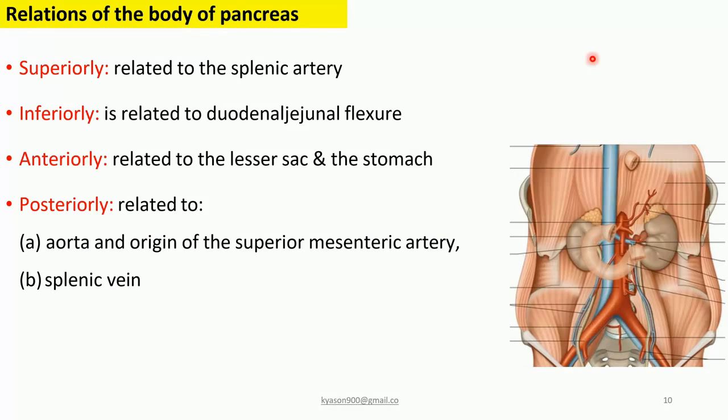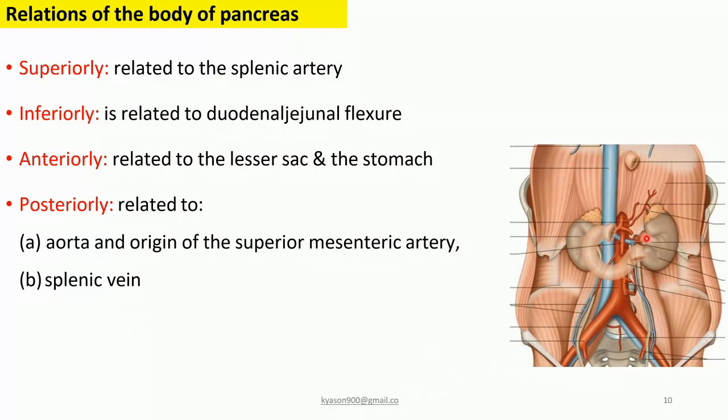The body, if you look at the body of the pancreas, there are superior, inferior, anterior, and posterior relations. Posteriorly, you can see that here we don't have our pancreas. It should be lying here in this concavity of the duodenum. The head lies here. The body extends towards the left side.